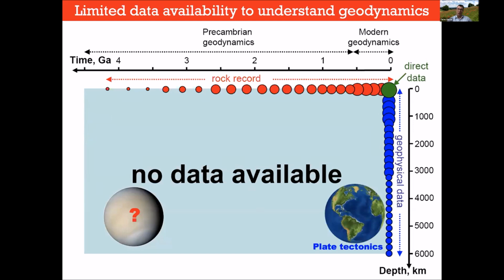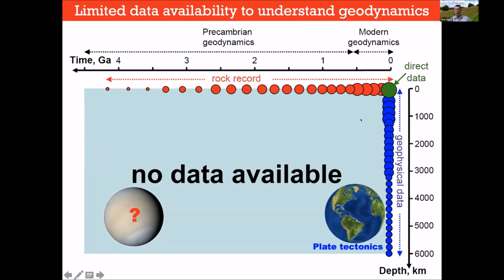And if we believe that the interior can be characterized simply by depth, then we have at least a two-dimensional diagram to be covered by data to be able to reconstruct the history of the Earth on the basis of data. And such data are in principle not available to us. There are no data points at all depths at all times that are available for our interpretation.